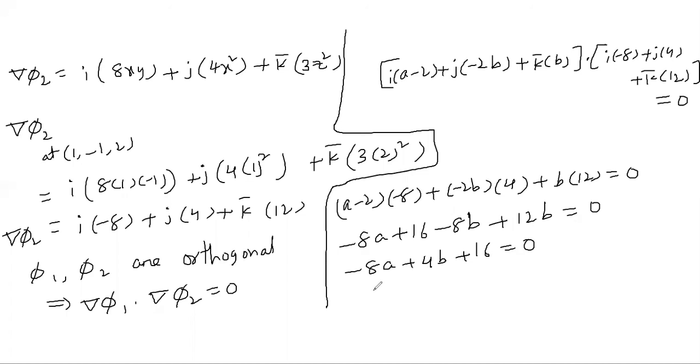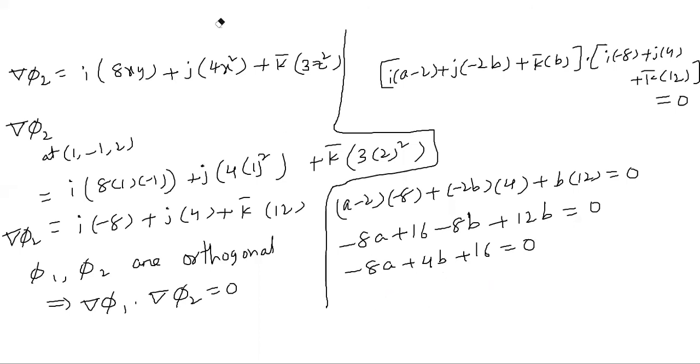Take minus common. If you take minus common, 8a minus 4b minus 16 equal to 0. Can we take 4 also common?